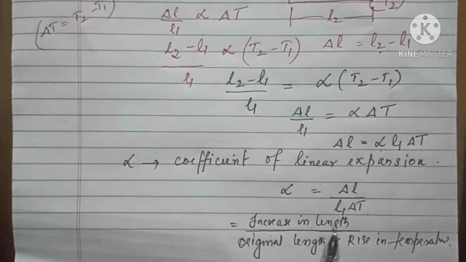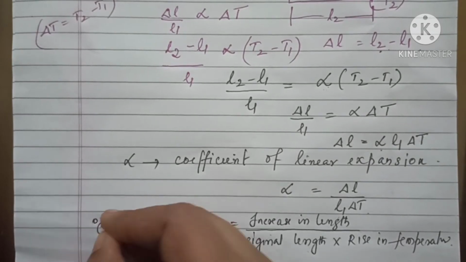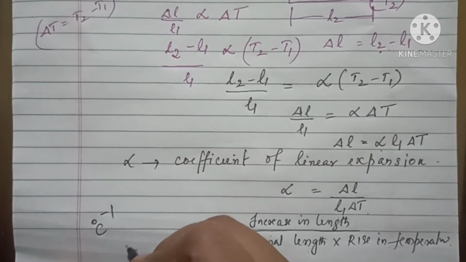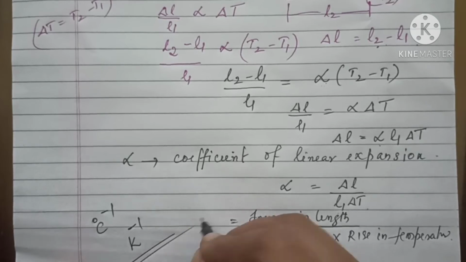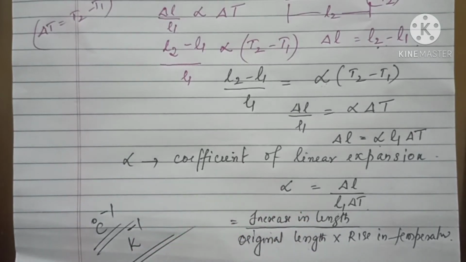Increase in length per unit original length per degree rise in temperature. So the length cancels, and only the unit for temperature remains, and you can write it as degrees Celsius raised to -1 or Kelvin raised to -1. Understood? So these are the units for coefficient of linear expansion.